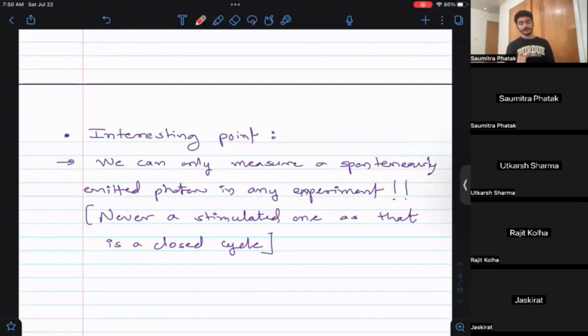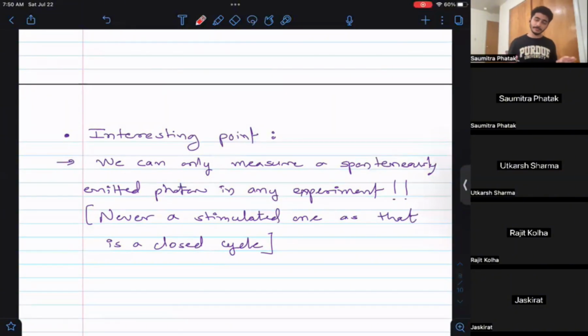But in the experiments, we don't see that. There has to be energy conservation, there have to be losses in the system, so there is a spontaneous decay happening. This is an interesting point you can think about more if you want. My professor told me very recently that we can only measure a spontaneously emitted photon when we are doing any experiment.